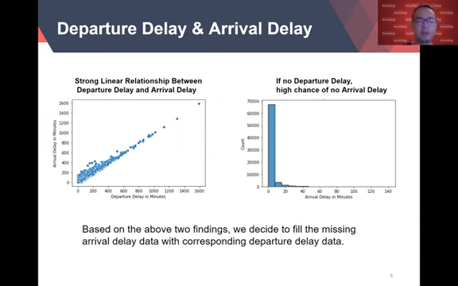Because we have an overwhelming number of flights without any delays, we look at them specifically with the histogram on the right side. Again, if a flight does not have a departure delay, it will most likely arrive without any delay. Based on the above 2 findings, we decided to fill the missing arrival delay data with the corresponding departure delay data.